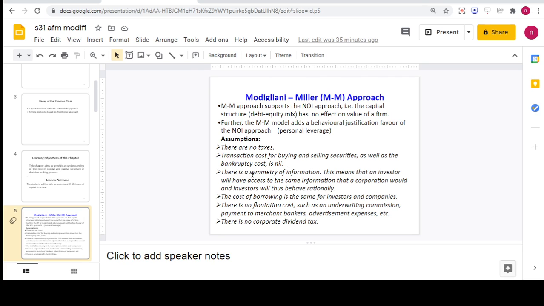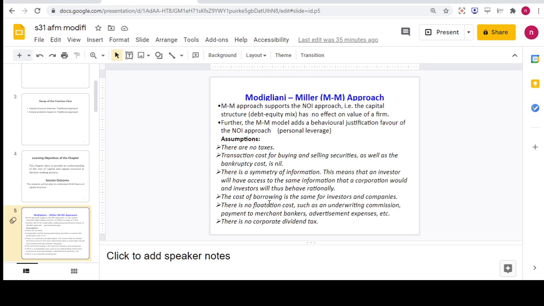Third assumption, there is symmetry of information. This means that an investor will have access to the same information that a corporation would, and investors will thus behave rationally. It means all investors are well informed about the market information regarding the securities.